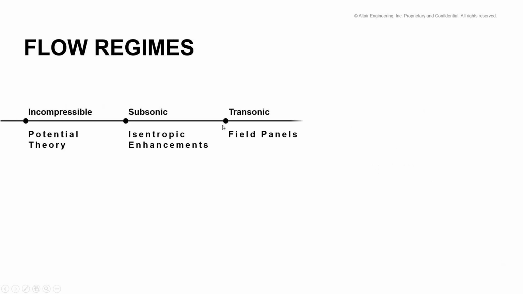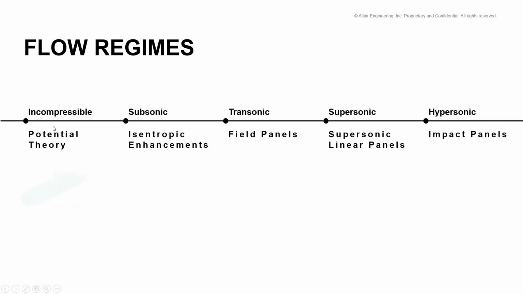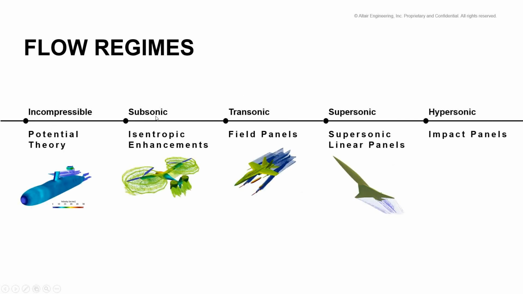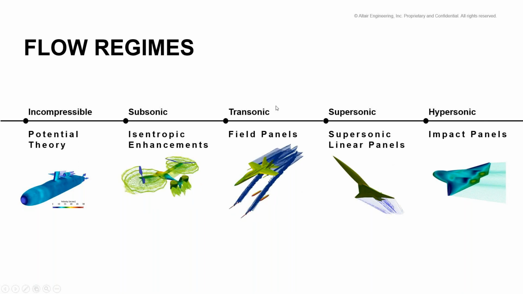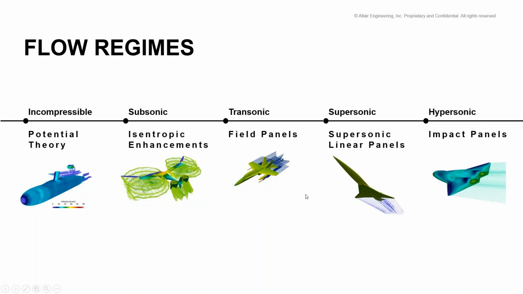Talking about the flow regimes, as we know, the panel method is good for incompressible flow. Now we are talking about subsonic, where we capture the viscous effects very nicely due to the fully viscous coupling effect. Here we can capture boundary layer ingestion and those kind of simulations. Transonic and supersonic came a few years back, when the U.S. Air Force granted support, as they wanted to see something on the transonic and supersonic side.